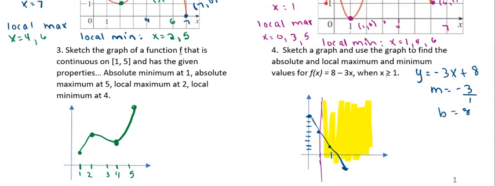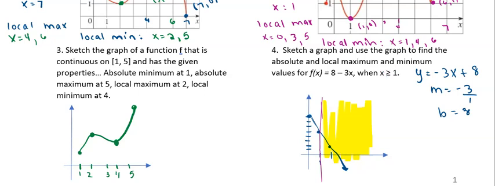So now let's see if we can answer the question. It's asking us to sketch a graph and use the graph to find the local max and minimum. So let's see what we can do. Well, the absolute max right here would be when x is 1, because that's the highest, but now it's going to be an endpoint because of our condition on our domain right here.